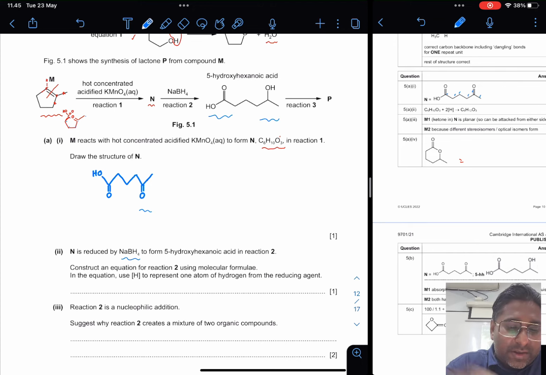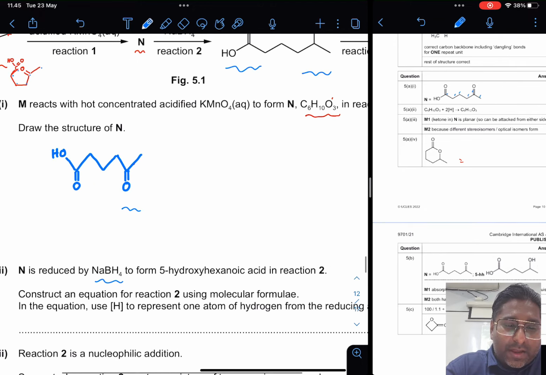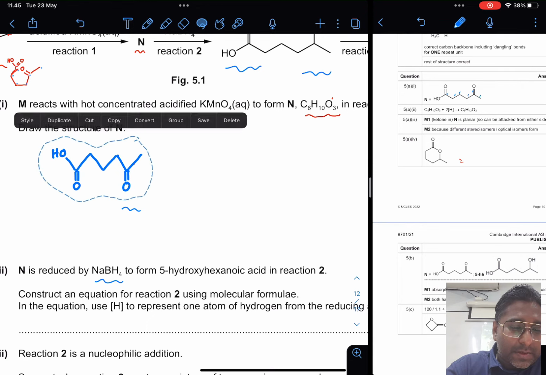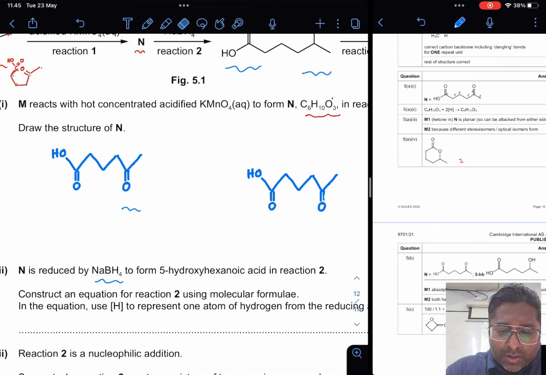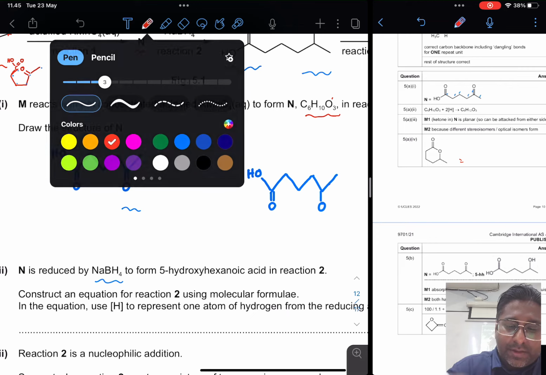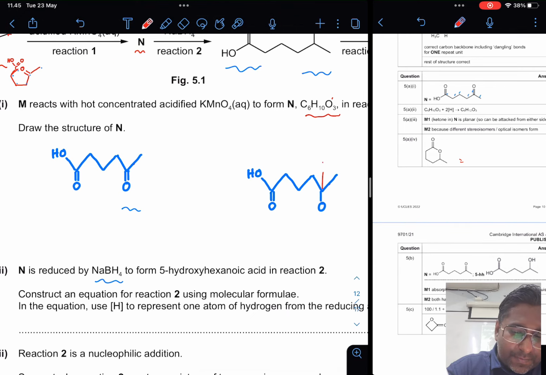If I copy this structure again and put it here, generally the double bond O will be broken, and we are going to have hydrogen coming in here and hydrogen going in there, so it will form a secondary alcohol.